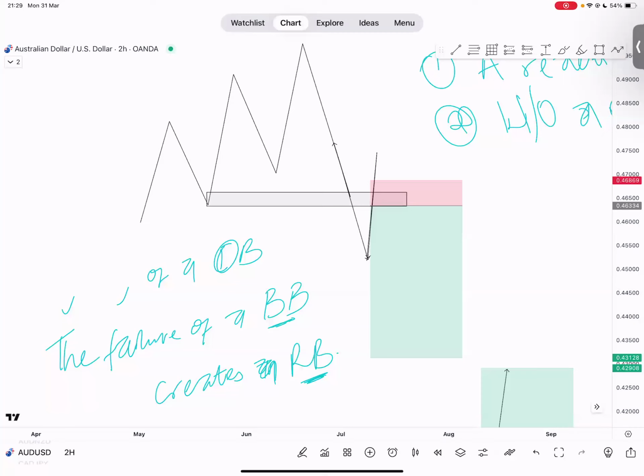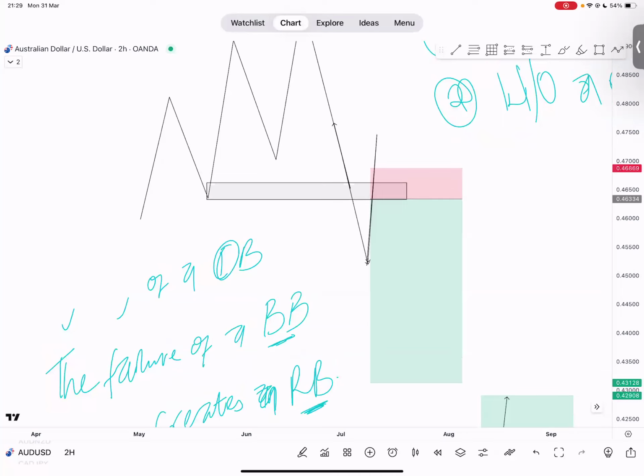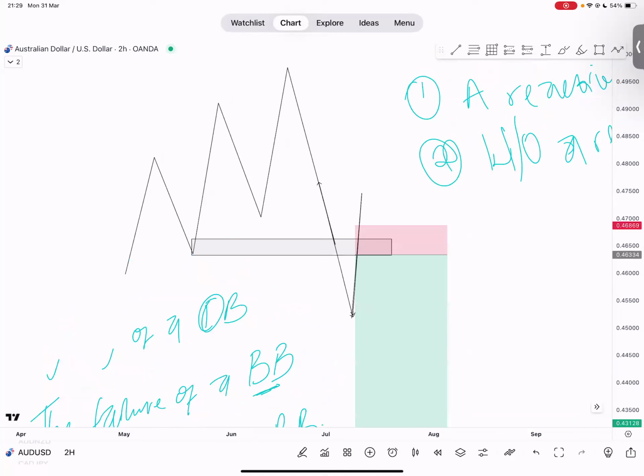Now, the failure of these breaker blocks creates reclaimed blocks. Of all of them, the reclaimed blocks are of highest probability. They are up there in the hierarchy of PDRs. The failure of other blocks creates breaker blocks, the failure of breaker blocks creates reclaimed blocks, right?